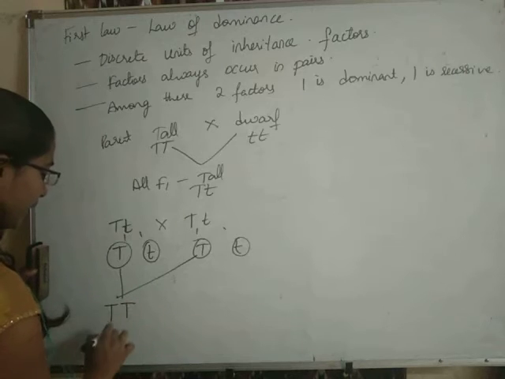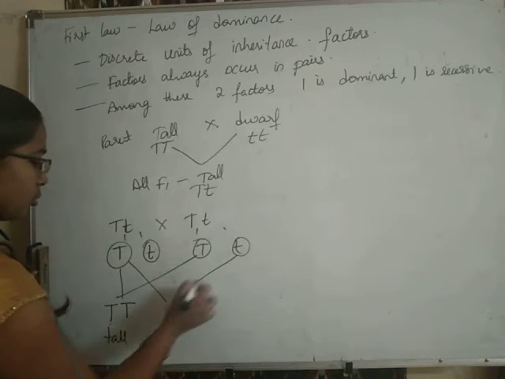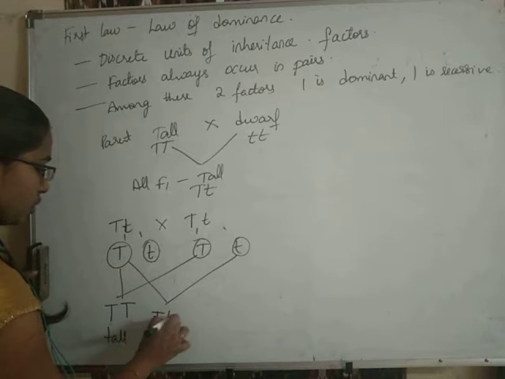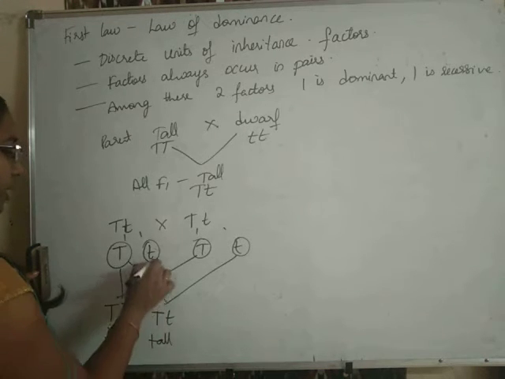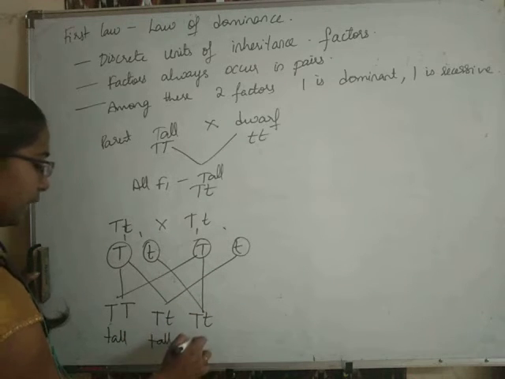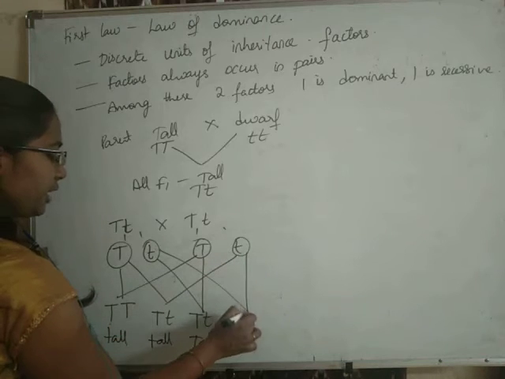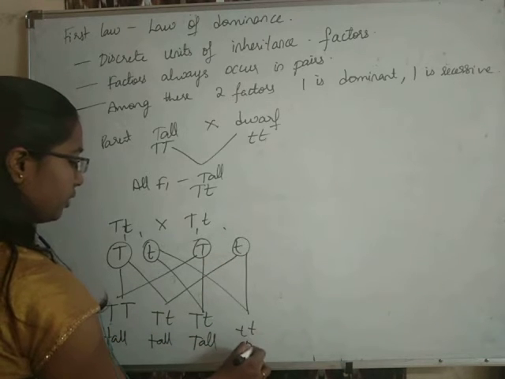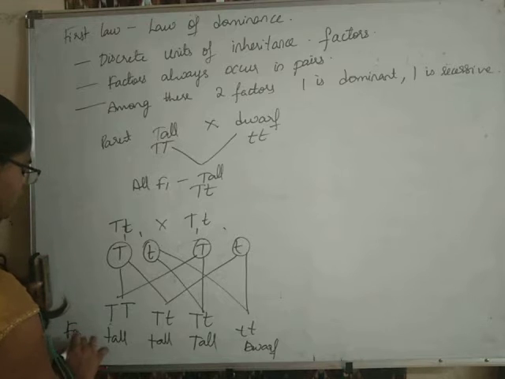Capital T capital T, this individual was tall. Capital T small t, this individual was also tall. Capital T small t, also tall. Small t small t, this individual was found to be dwarf. So this is the F2 generation.